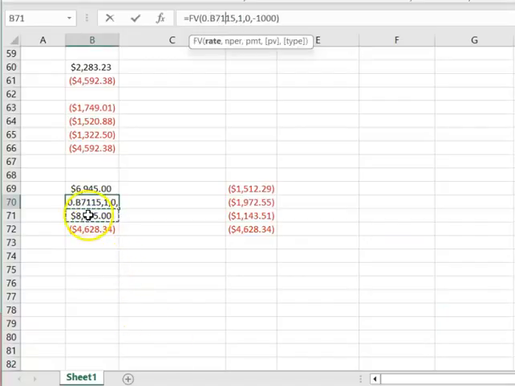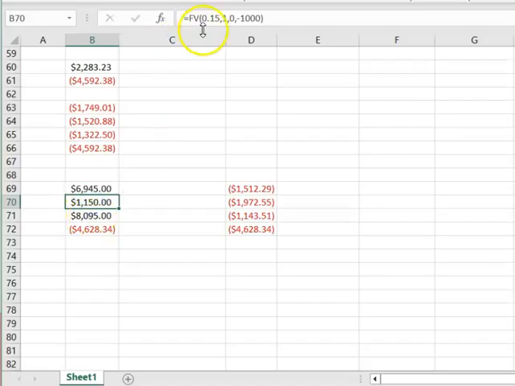That's the reason you see here 15%, 1 period, 0, and 1,000, because we don't have any payment anymore. And after that, now we have this future value. So we need to calculate the summation of them. It's 8,000 something. And now that you have the future value, you can calculate the present value of this.